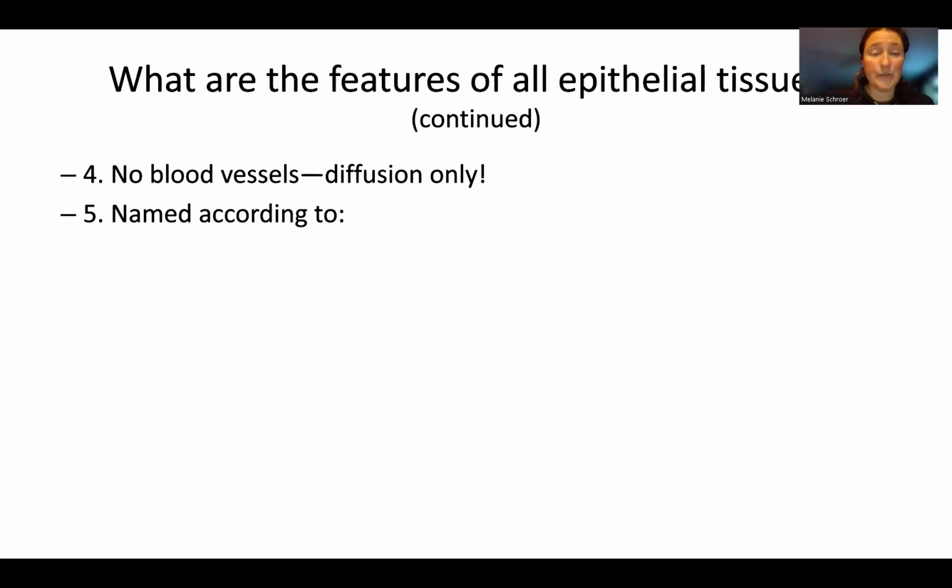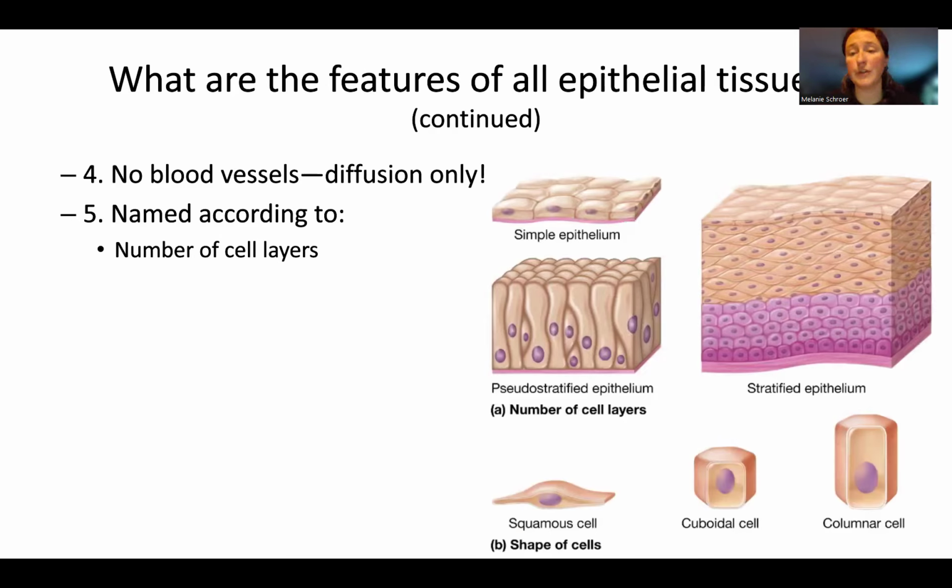The epithelial tissues are named according to the cells that are in them. They are named according to the number of cell layers and the shape of those cells. The simple epithelial tissues have a single layer of cells that attaches to the basement membrane.